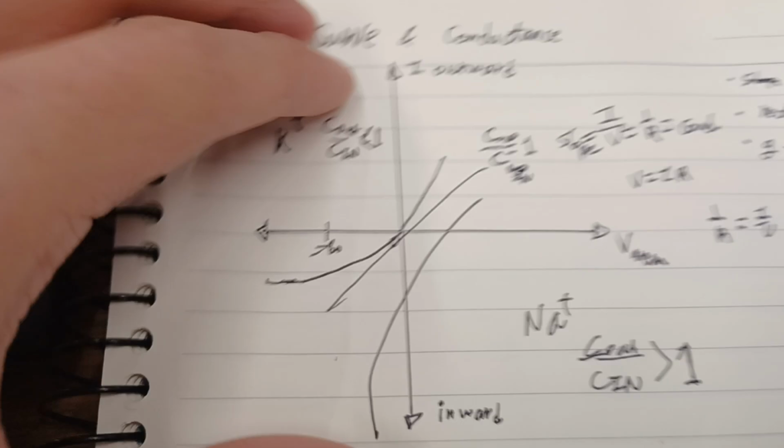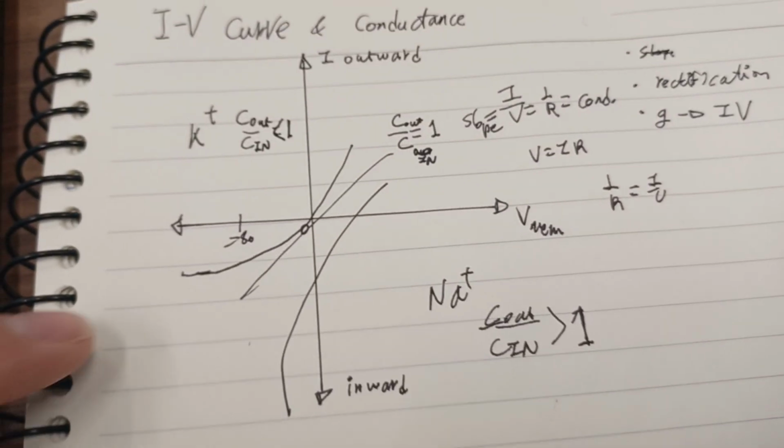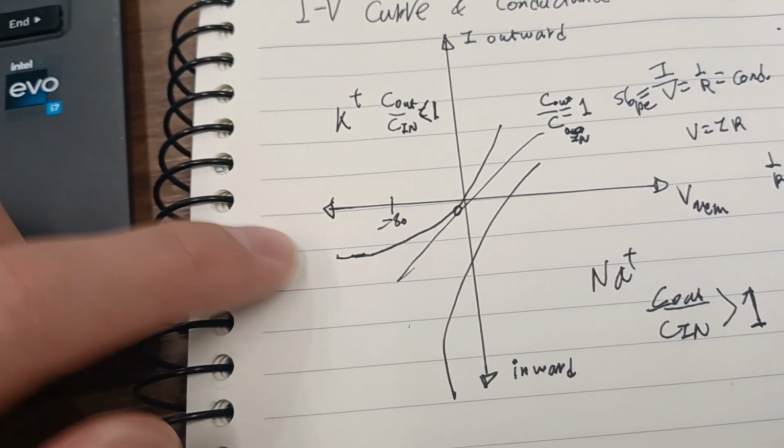But if you relate this movement to this phenomenon over here, it makes sense. So let's go back to the potassium. Actually, let's start with sodium because sodium starts first.